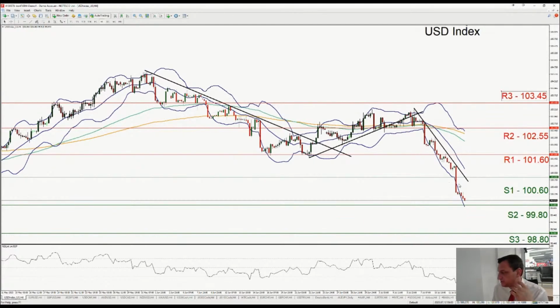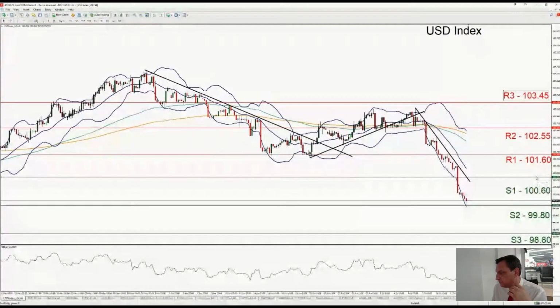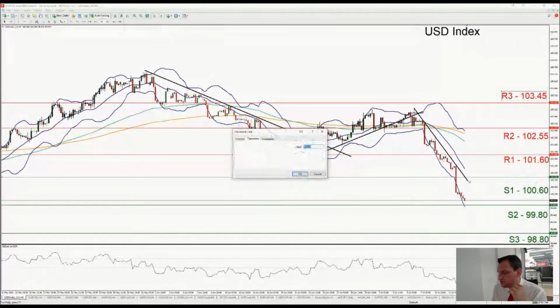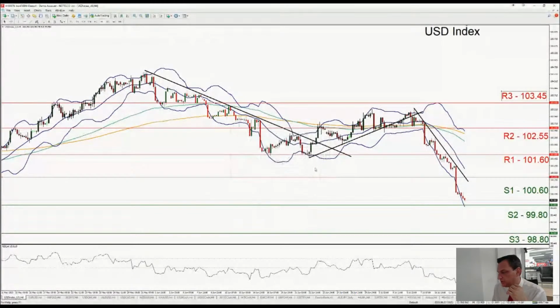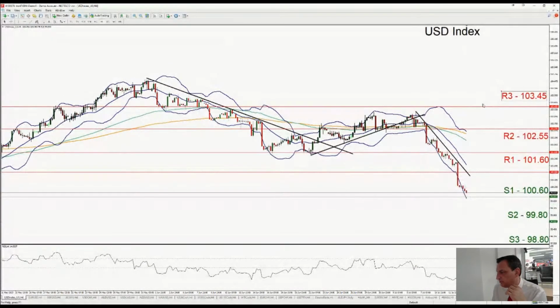Now, first, we're going to have to change the 100.60 support line into a resistance line, given that the price action has broken clearly below it. Let's go hunting for a new ultimate support level.